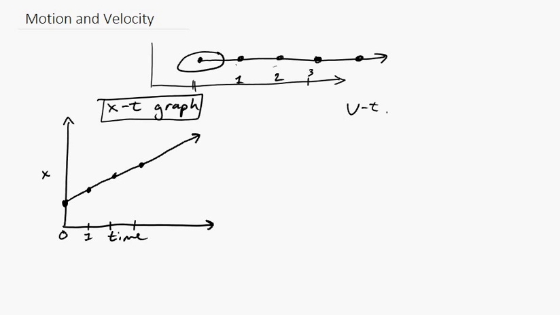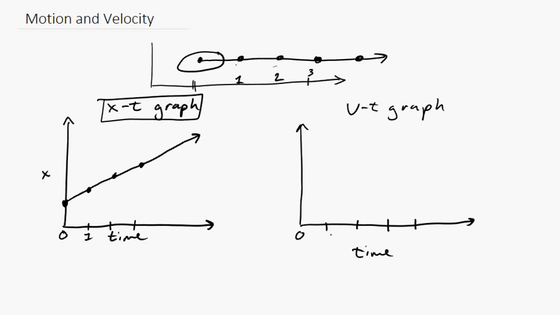There's another graph to analyze this situation called the vt graph, which is velocity versus time. It has nothing to do with where the car is. It's asking the question, how fast is the car at those times? Okay, now this graph is a lot simpler. At the very beginning, this car is going at a certain speed. Let's just call it, I don't know, like 5 meters per second.